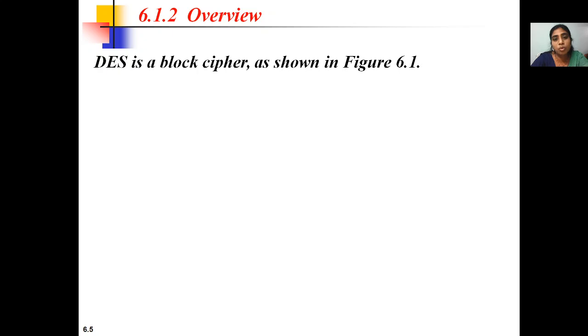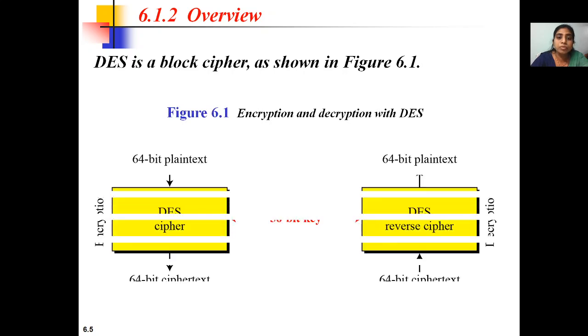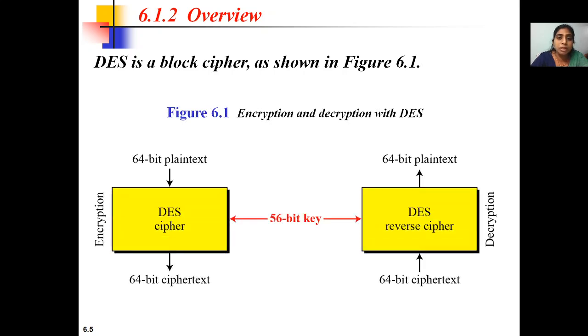So coming to the overview of the DES block cipher. In this particular DES we are going to use a block size of 64 bit and a key size of 56 bit.